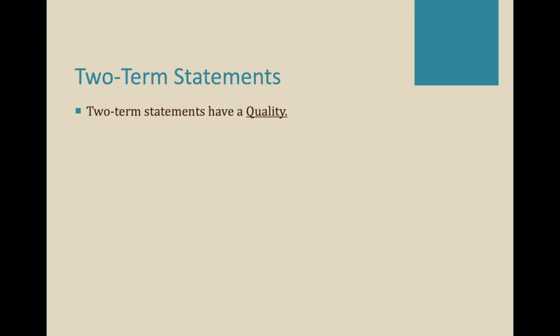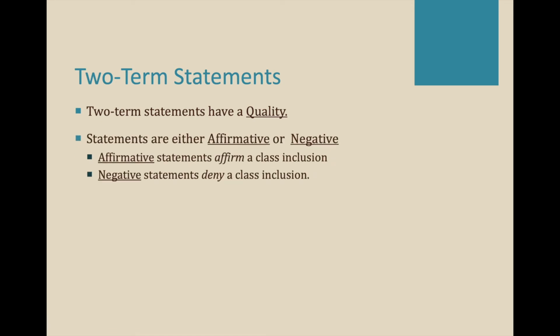So each two-term statement has what we call a quality, and each two-term statement also has a quantity. So with the quality, two-term statements can be either affirmative or negative. And when we talk about an affirmative statement, we say an affirmative statement is a statement that affirms a class inclusion.